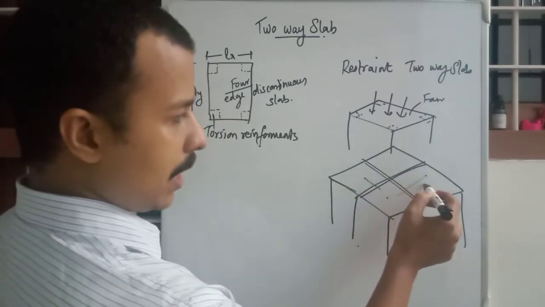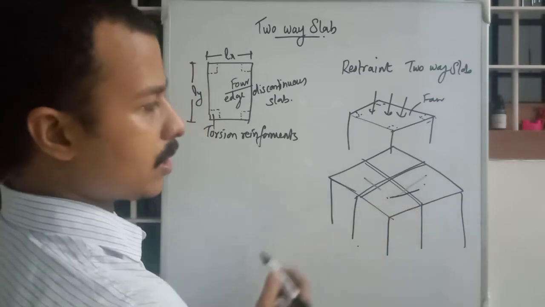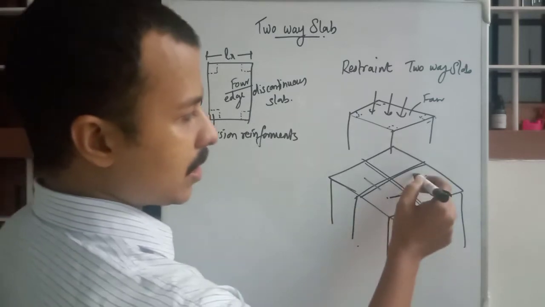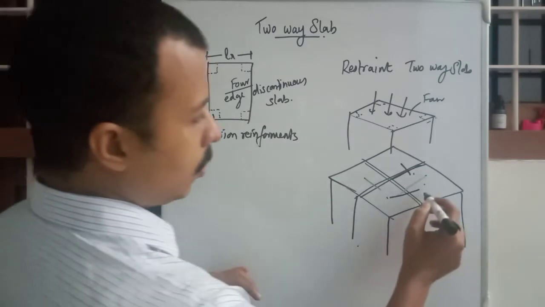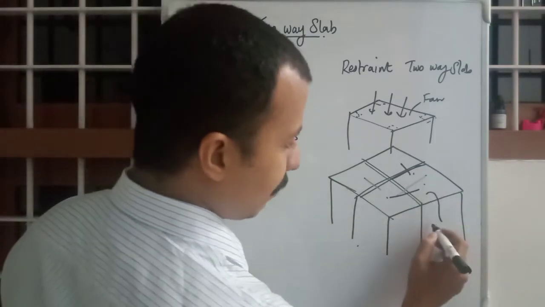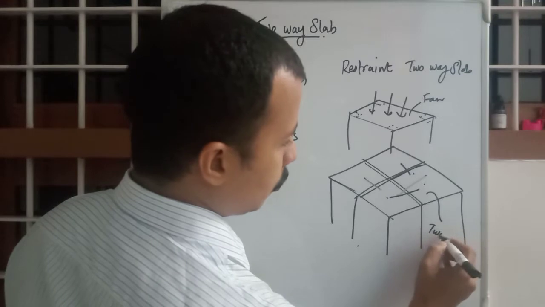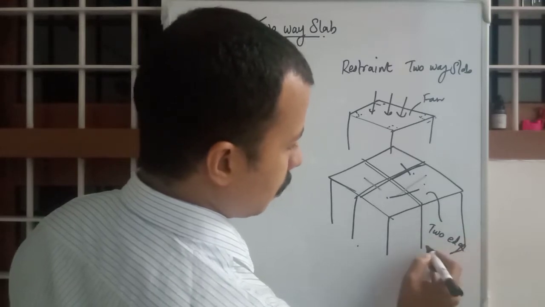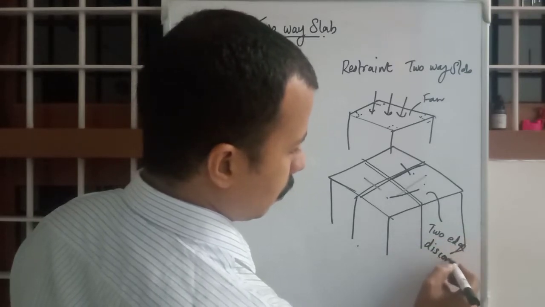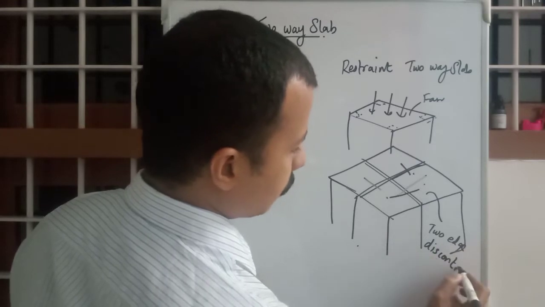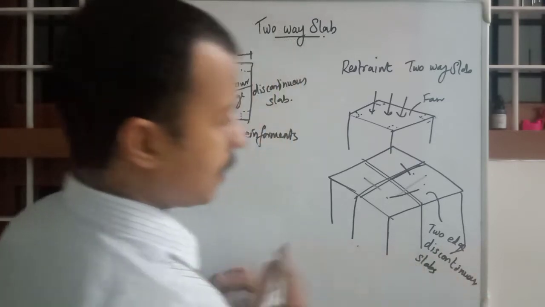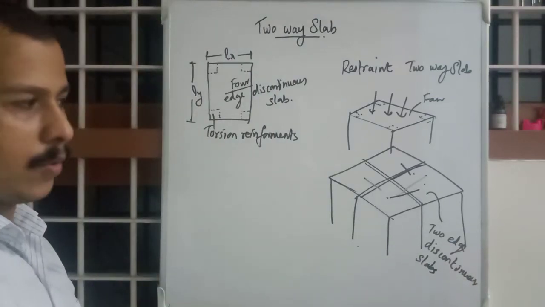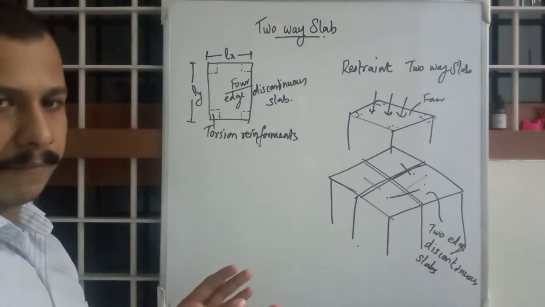So all these four slabs can be named two-edge discontinuous slabs. I hope it's clear.